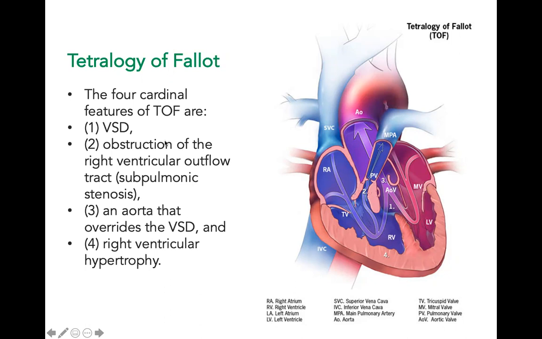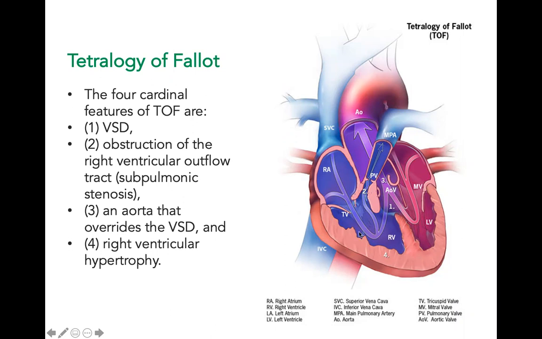Ang mangyayari kasi, there is subpulmonic stenosis. So meron number 2, ito yung subpulmonic stenosis here. So ibig sabihin, maliit yung daluyan ng blood going to the pulmonary circulation. So ano mangyayari? Mataas na yung pressure, kailangan mag-pump further yung right ventricle mo para pumasok siya sa maliit na butas.